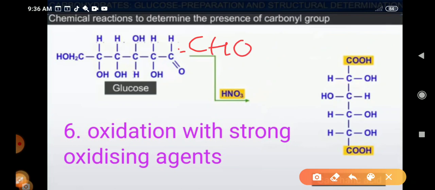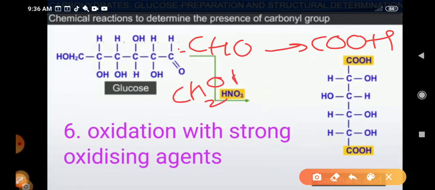The aldehyde group on oxidation gives acid. Even the alcoholic group, that is CH2OH, can also be converted into an acidic group. But for the second oxidation, a strong oxidizing agent is needed.